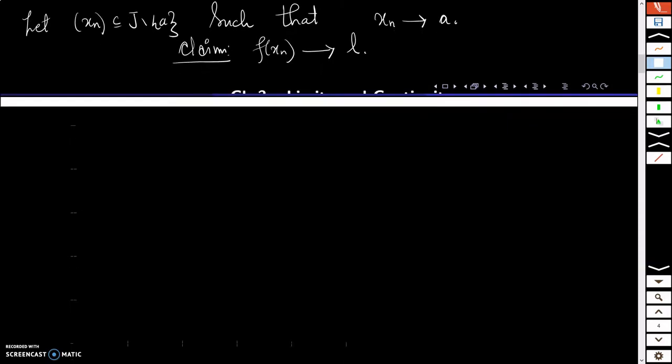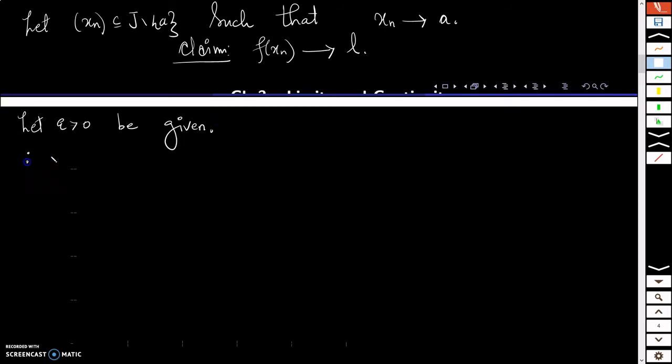How do you show that a sequence converges to some real number? Supposing epsilon is some positive number which is given to us, we have to show that after a certain stage, all the terms of the sequence, the difference f of xn minus L, can be made less than epsilon.